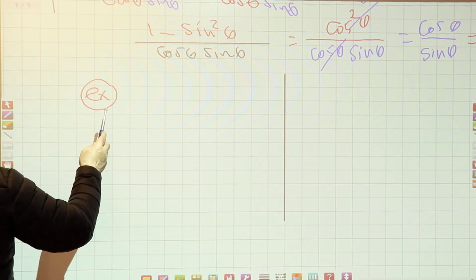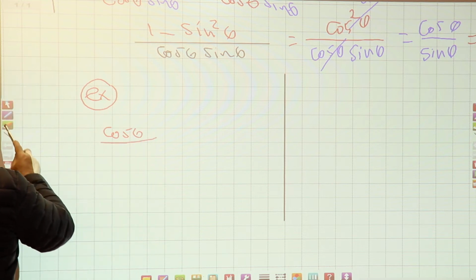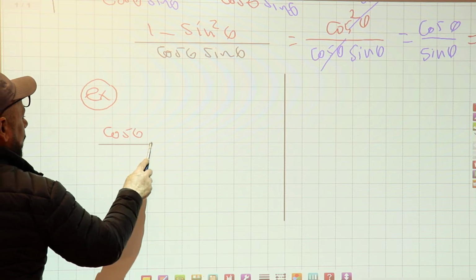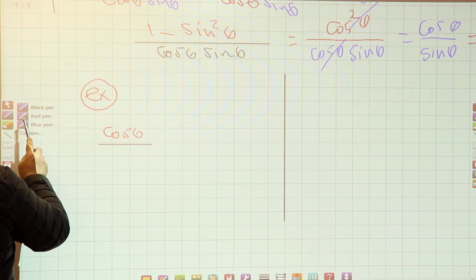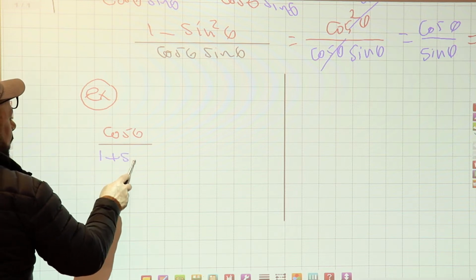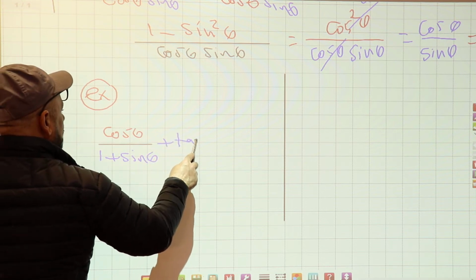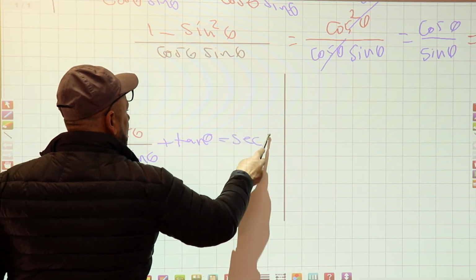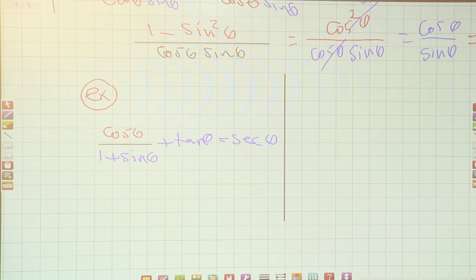We have this identity: cosine theta over 1 plus sine theta plus tan theta, and he wants to prove this to be secant theta. He wants the left side to be secant theta. Now here's the new idea, the one I'm going to tell you about.